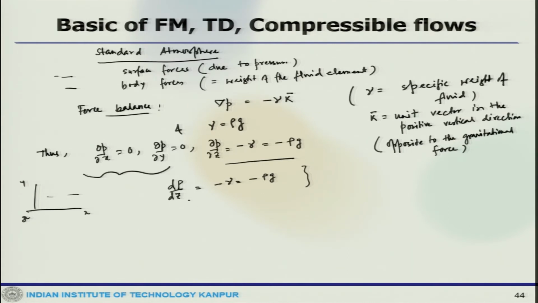This equation indicates that the pressure gradient is in the vertical direction, and that it is negative.